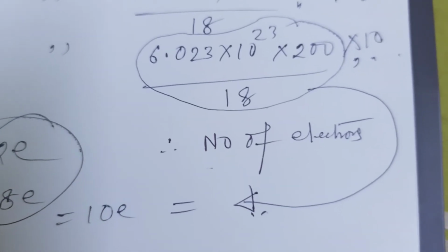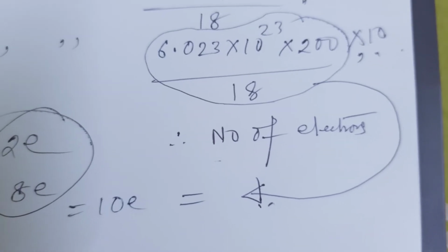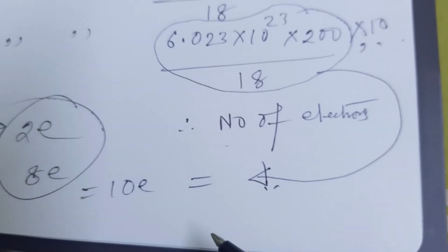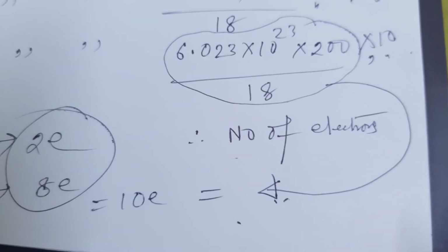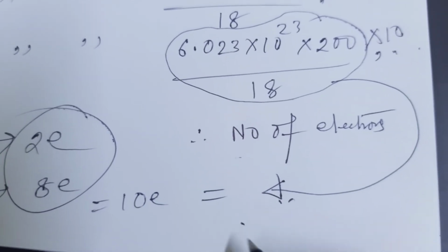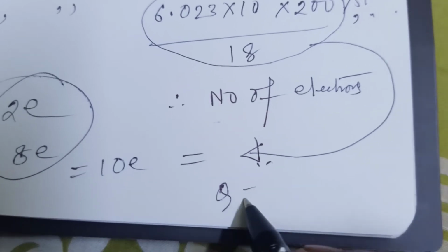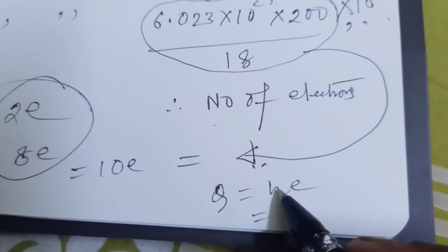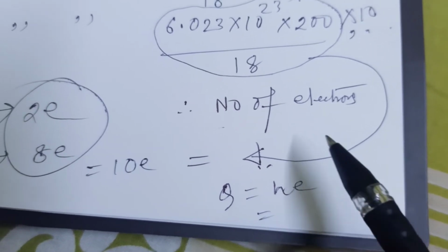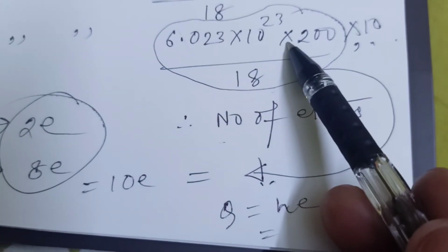And if we say what amount of charge it contained, there are lumps of electrons gathered within that particular cup of water, so Q equals N e. N means number of electrons.